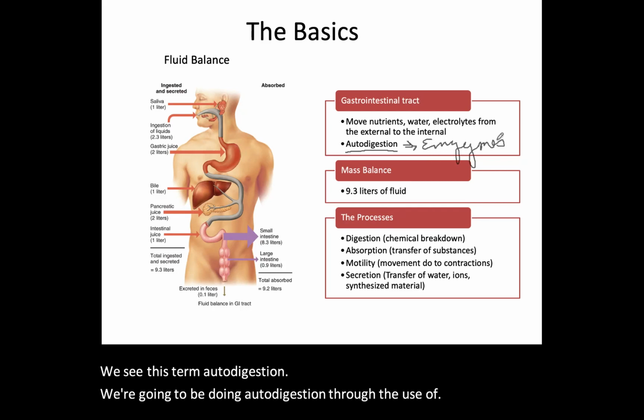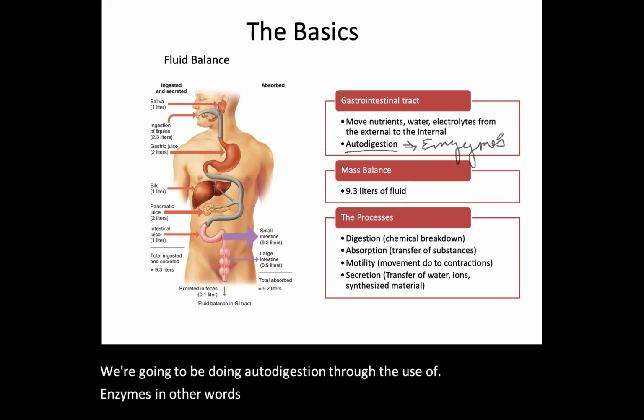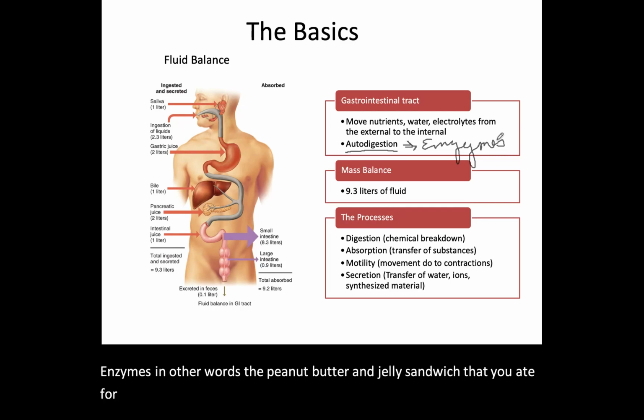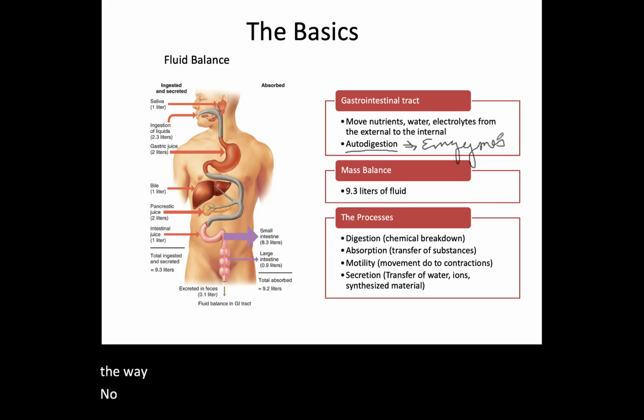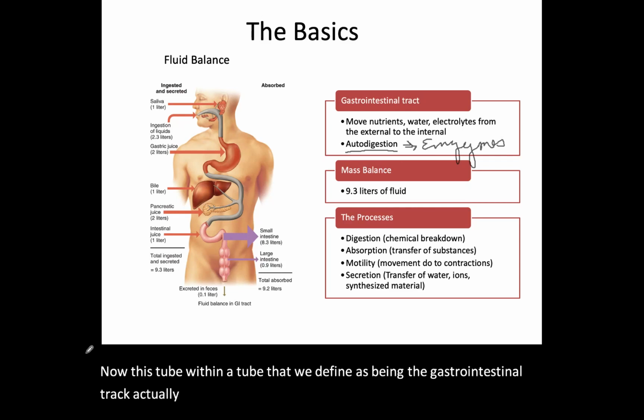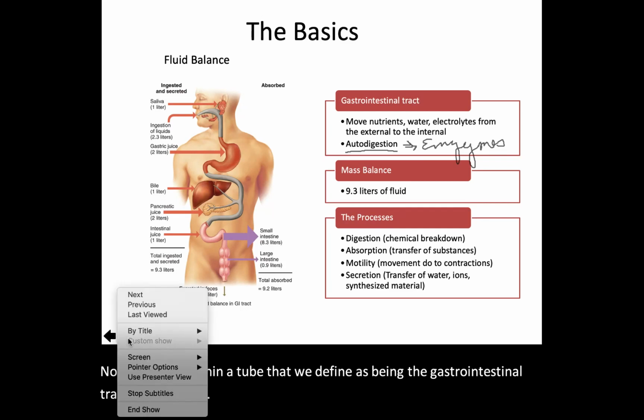In other words, the peanut butter and jelly sandwich that you ate for lunch does not enter into the small intestines looking like a peanut butter and jelly sandwich. It has been digested, and it's been digested along the way. Now, this tube within a tube that we define as being the gastrointestinal tract actually has segmentation to it.